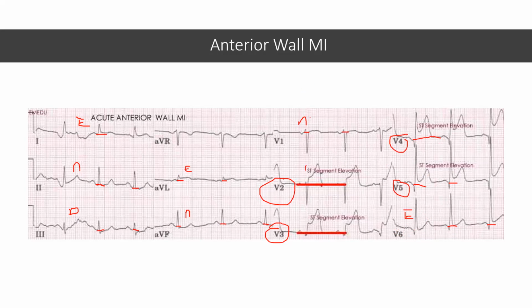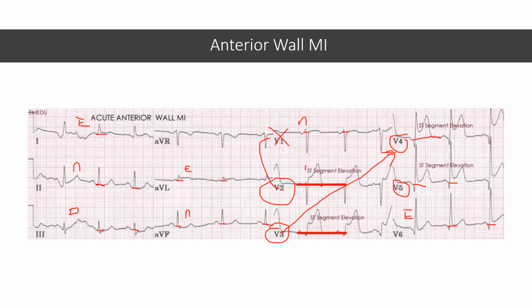Okay, so we have V2, but there's no V1, so we cannot diagnose a septal wall MI. We have V3 and V4, so we have a partner. And what are V3 and V4 looking at as far as the segment of the heart? The anterior portion of the heart. Why can't we diagnose a septal wall MI? The reason is the partner of V2 is V1, and in V1, it's normal.